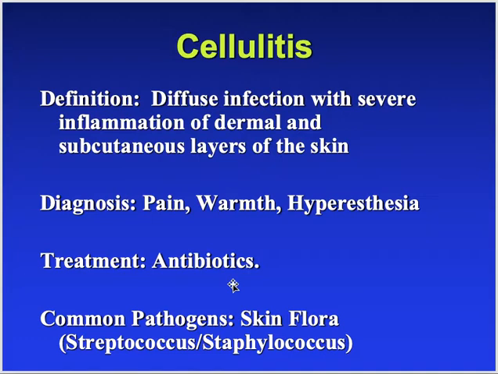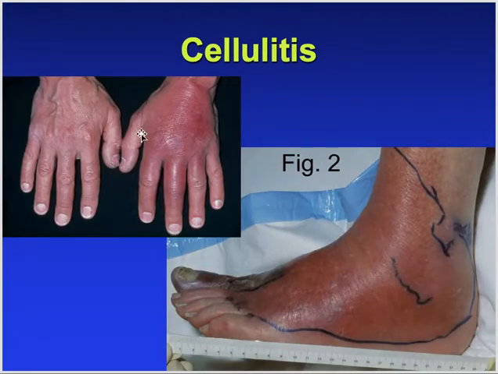For example, a person who has cellulitis like this or like this, the patient of course cannot move their hands or their feet, their ankle, or whatever region is involved, like a normal person, but rather the range of motion will be either reduced or very little.